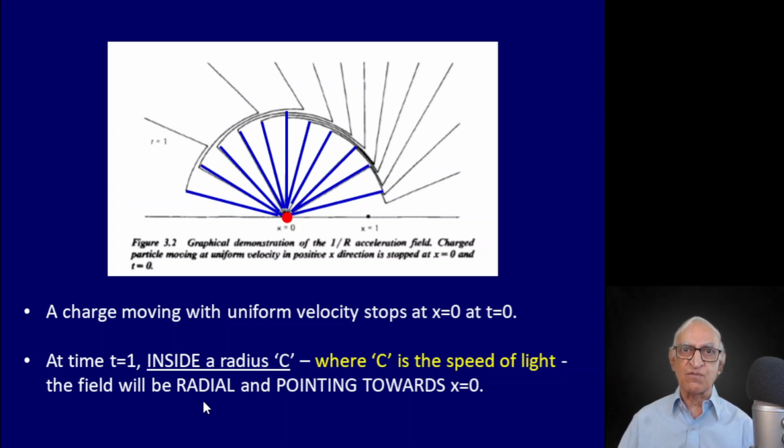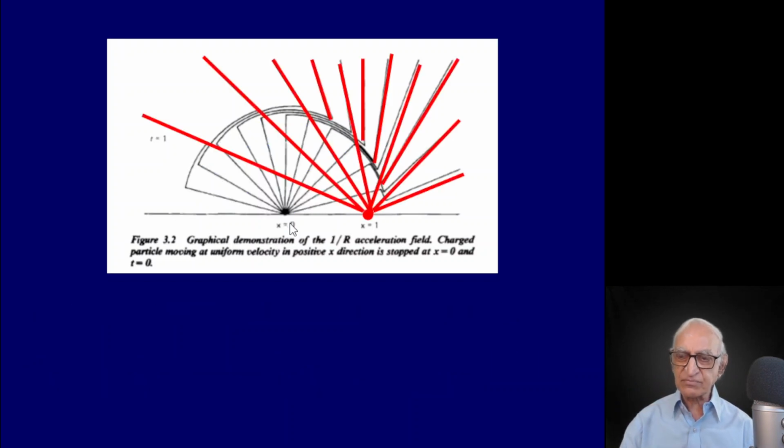There you know from Poisson's equation that the divergence of V is proportional to the charge density. The electric field will be radial and will be pointing towards the location of the charge. So that's because every point inside that semicircle of radius c knows that's where the charge is.